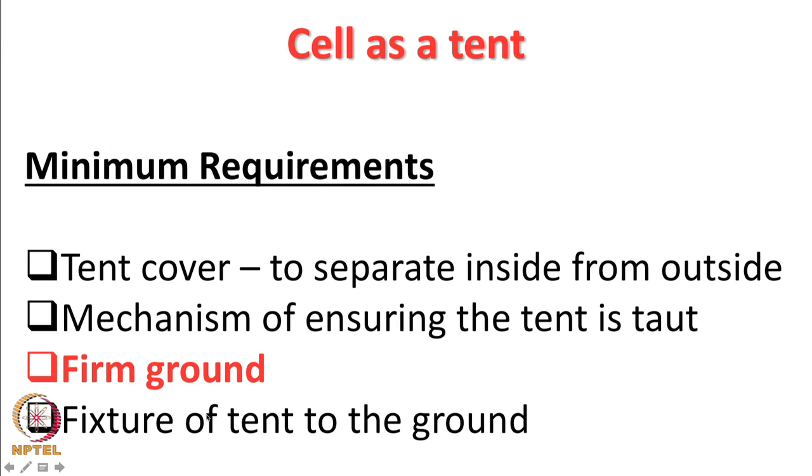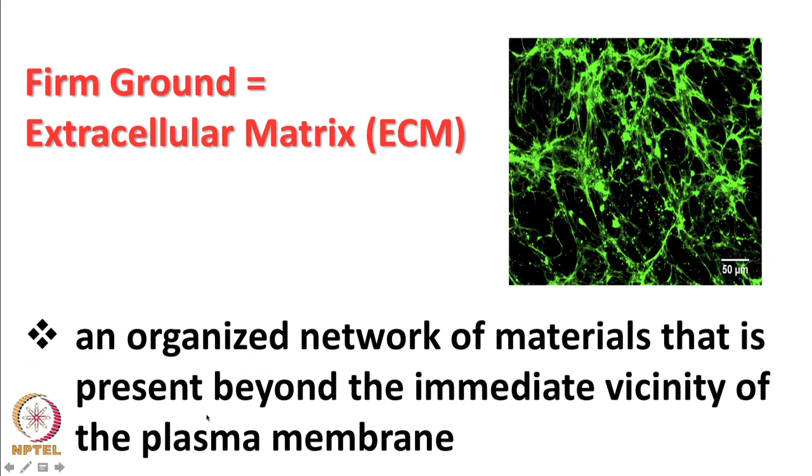And what is this firm ground? The firm ground is the extracellular matrix. Similar to the experiments for gamma sarcoglycan deficient cells, you can imagine that if a cell sitting on this matrix exerts a lot of forces which the matrix is unable to support, that will lead to collapse or detachment of the cell.